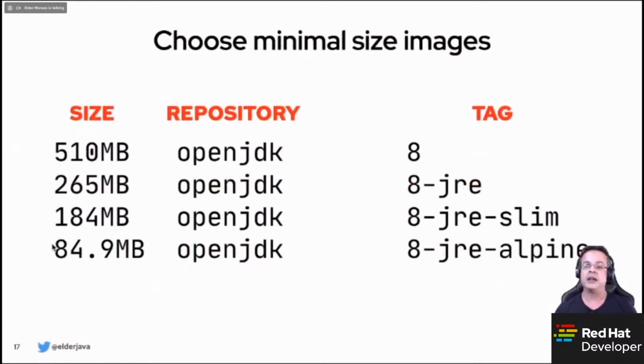Okay, and you should always try to go in the first place to the minimal image size possible. And if you need something that is not here, then you jump to this one with 185. And if you need something that is in this one, it's 200, okay. And if you need the whole JDK, okay, you go to the 500.